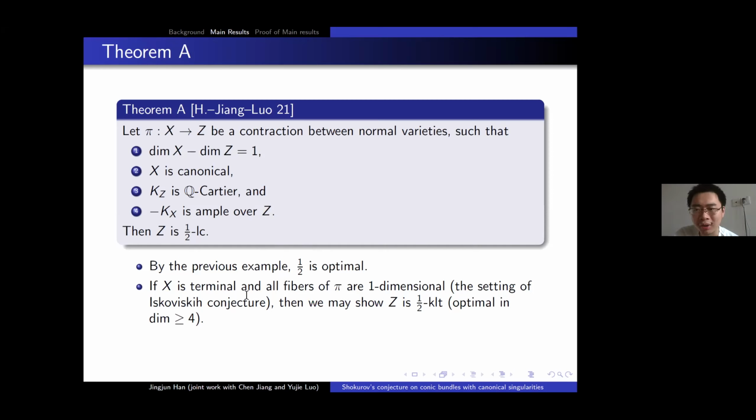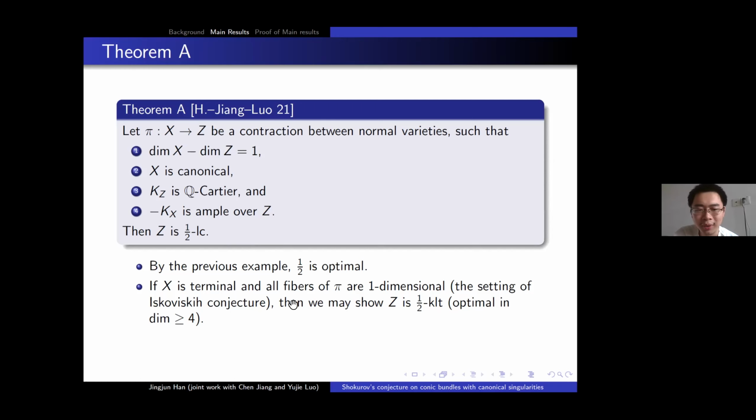If we additionally assume that all the fibers of π are one-dimensional, then we can show that Z is 1/2-KLT. This means that the MLD cannot be equal to 1/2.